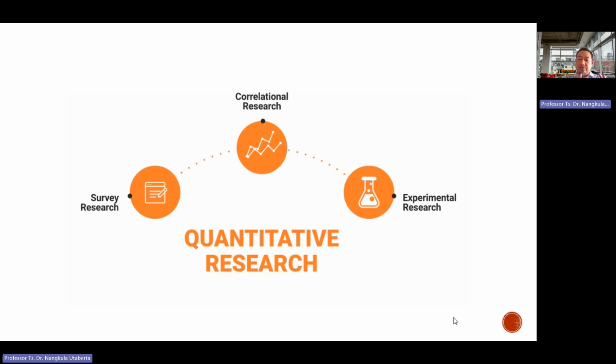And then, of course, another good example of quantitative research is experimental research. Experimental research means that you are testing certain hypotheses, and you do it in a lab or in what they call a controlled environment. That's what we call experimental research.